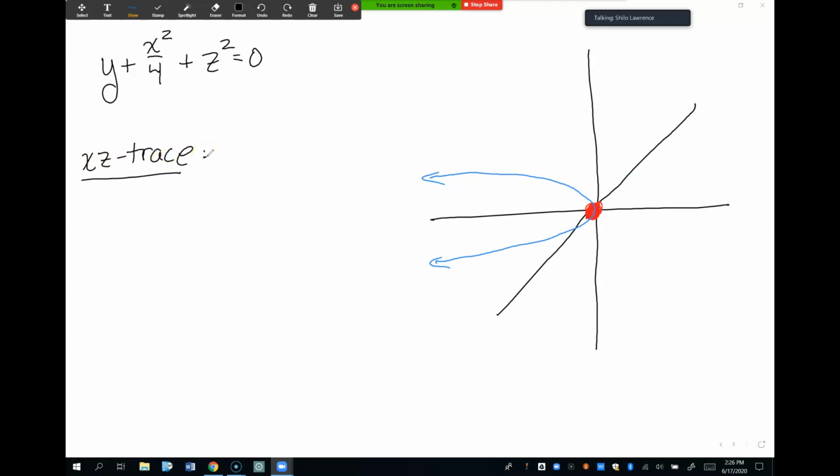So I'm going to let y equal 0. Then we get x squared over 4 plus z squared equals 0. And this one's kind of tricky. The only time that you are allowed to add two squared values together and get 0 is if both of them are 0.